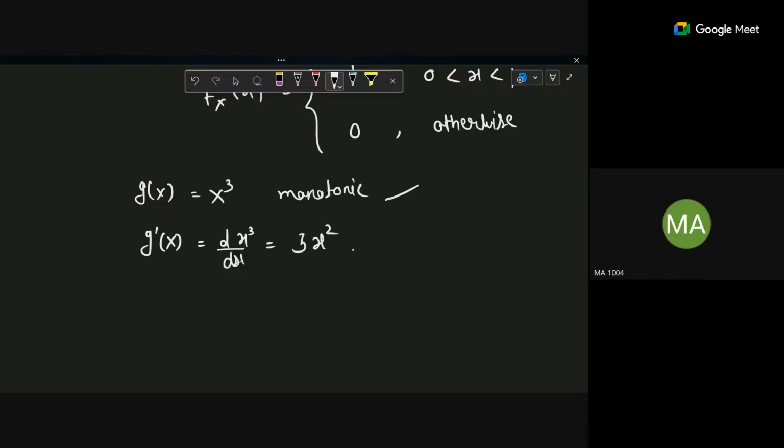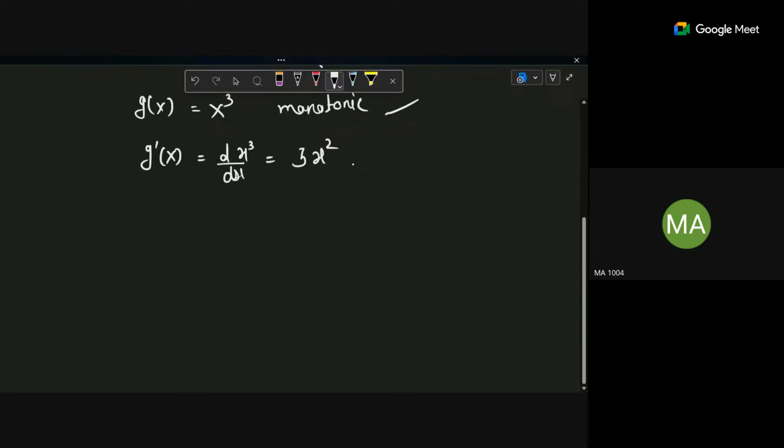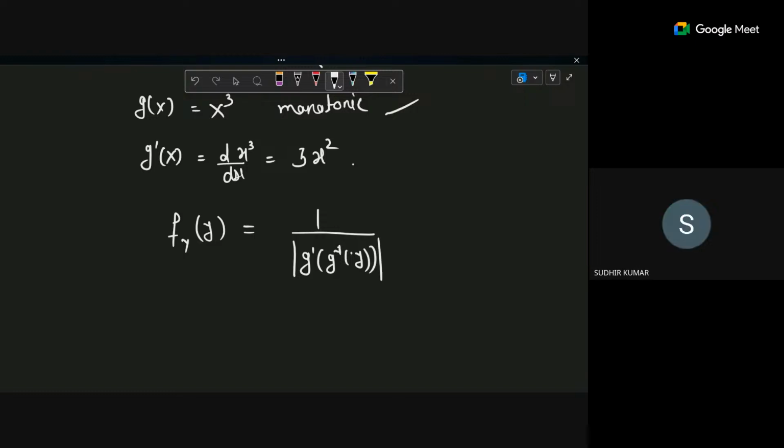Fine. Now the theorem was, if all the conditions are satisfied, then the PDF of y can be given as 1 upon modulus of g prime of g inverse of y, times f x of g inverse of y. So what is this g inverse of y? How did you get that? This is y to the power 1 by 3.